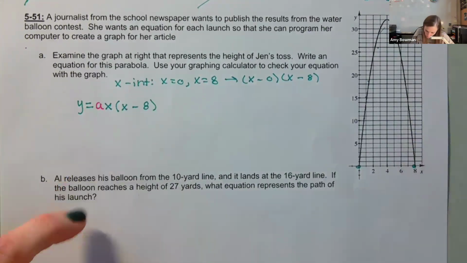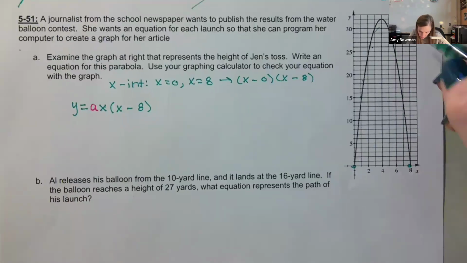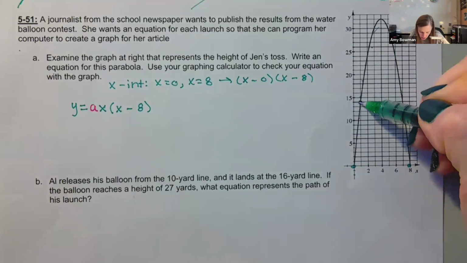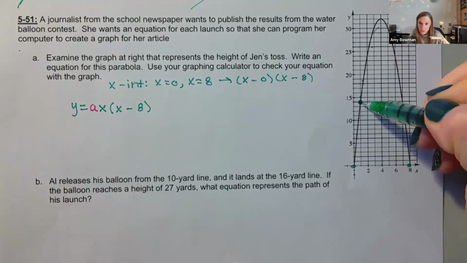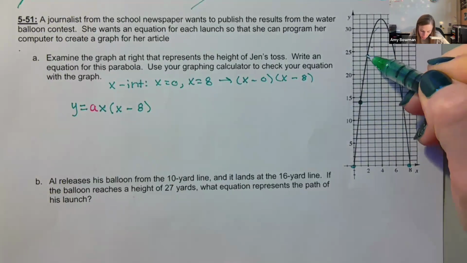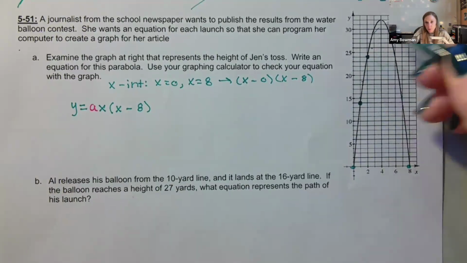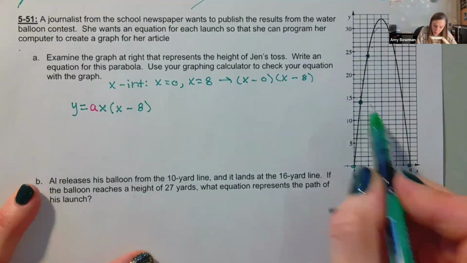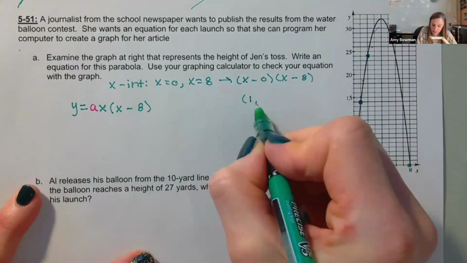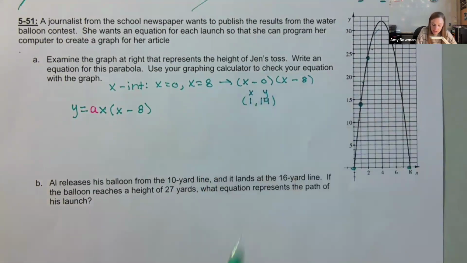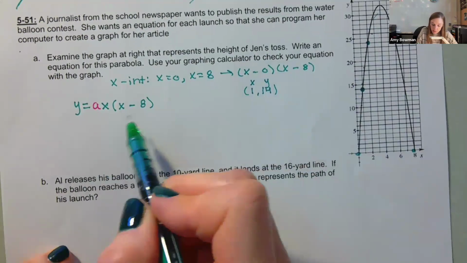There are only a handful of points on Jen's graph that cross through at integer values. This one here at 1, 14, this one here at 2, 24, and then there are a few more, but all we need is one. So let's just pick the point 1, 14. I'm going to write that down, and I'm also going to label x and y, because it's really easy to get those flip-flopped in this equation.